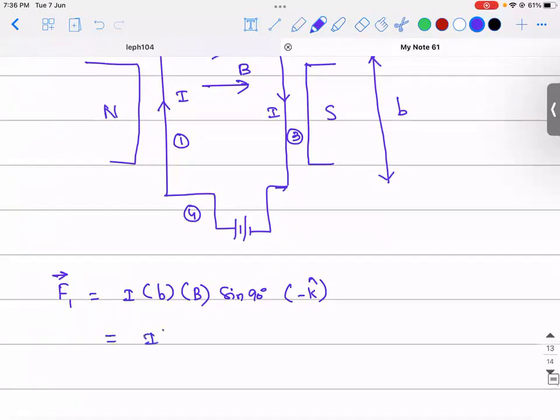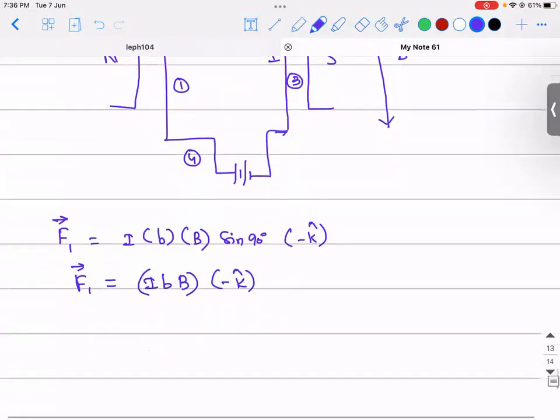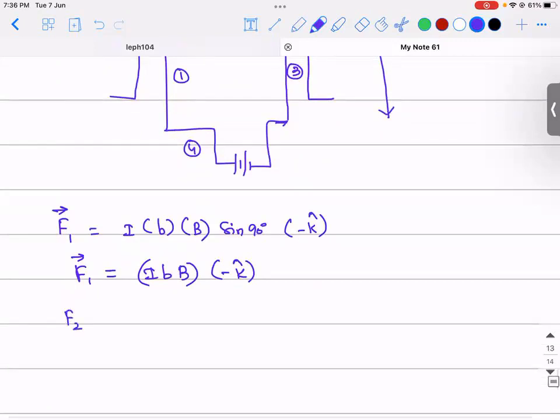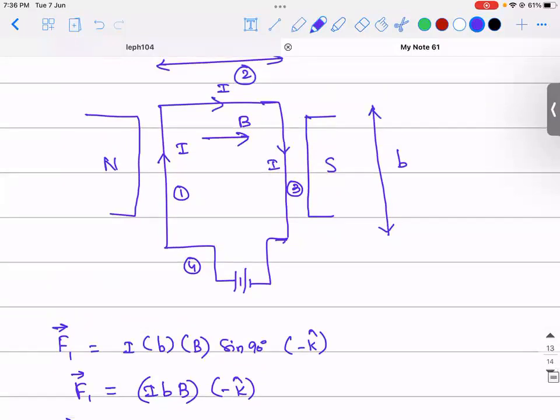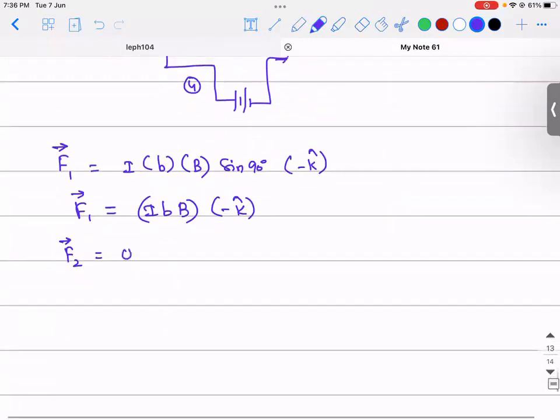So this will be I into b into capital B in the direction of minus k cap. Now what about F2 vector? Force experienced by the second current carrying conductor. It is 0 because current and magnetic field are in the same direction.